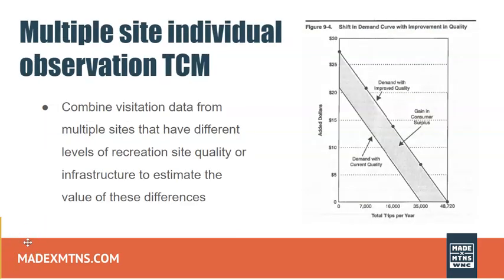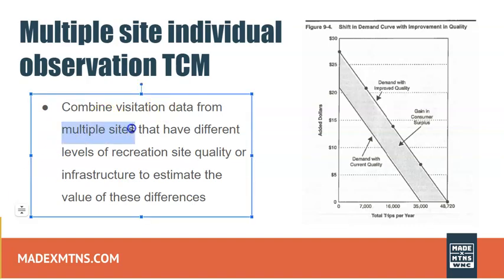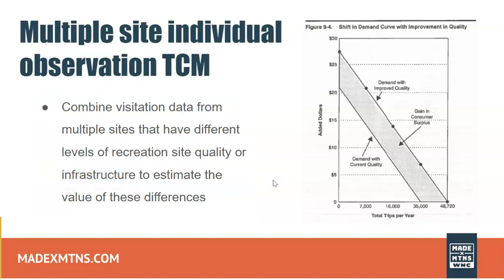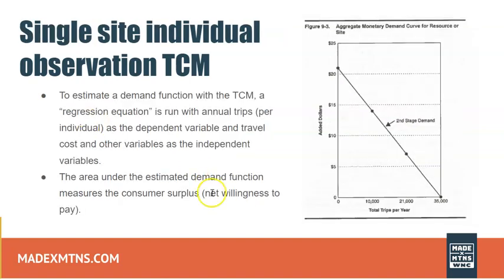And then the second type of model that we will employ is the multiple site individual observation travel cost method. Here we're going to combine visitation data from multiple sites that have different levels of recreational site quality or infrastructure. In that way we can estimate the value of these differences. Just imagine that you are looking at a single site model.